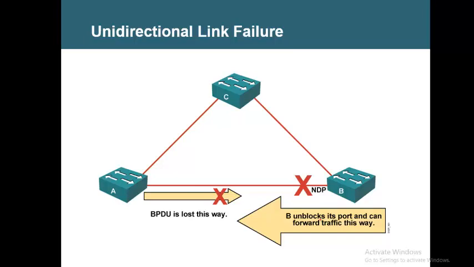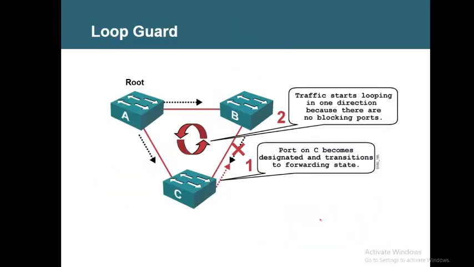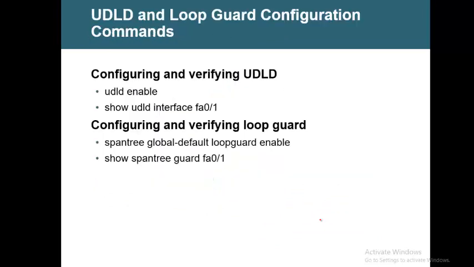Because the BPDU is not coming from A, B has unblocked its port and a loop occurs. You can avoid this by enabling a feature called unidirectional link failure detection, UDLD.